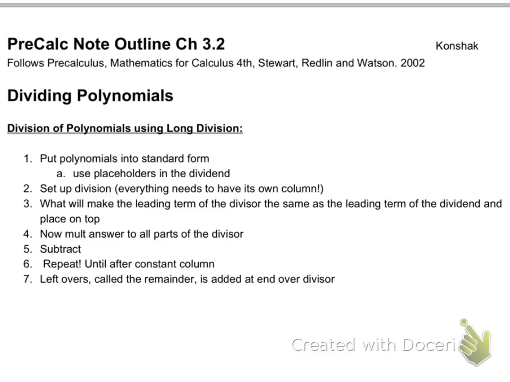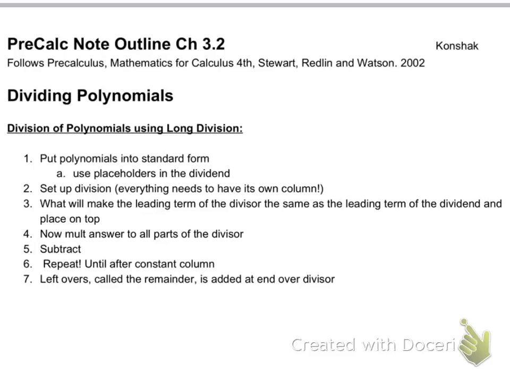Then, if there are things missing in the one that is being divided, so it goes from, say, an x to the fourth power to an x squared power, that means you're missing x cubed. If the one you're being divided into is missing those, you need to have what we call placeholders.